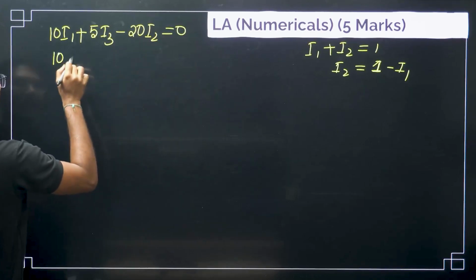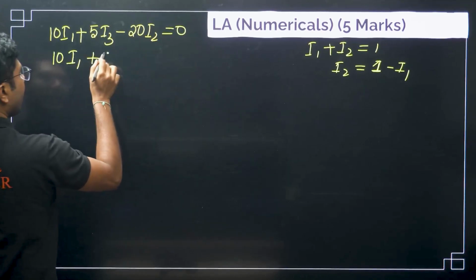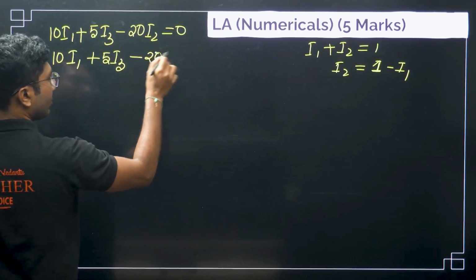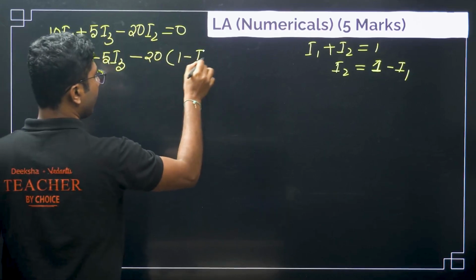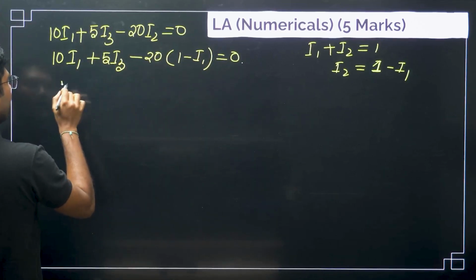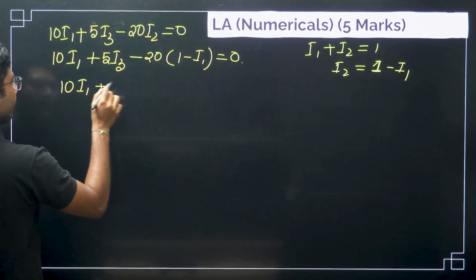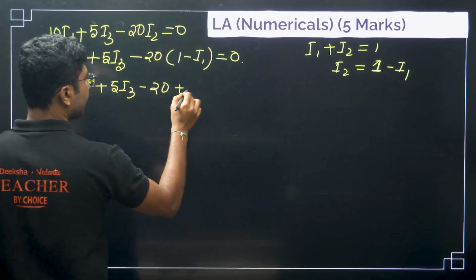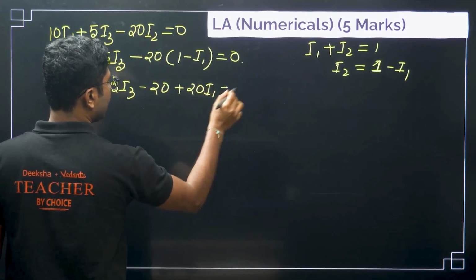So 10 I1 plus 5 I3 minus 20 into (1 minus I1) equals 0. So it will be 10 I1 plus 5 I3 minus 20 plus 20 I1 equals 0.